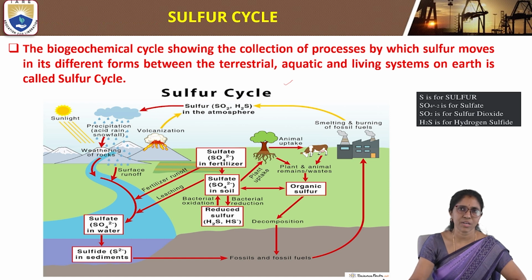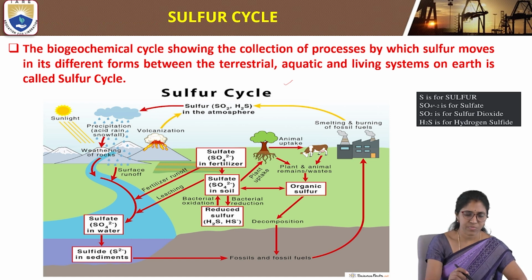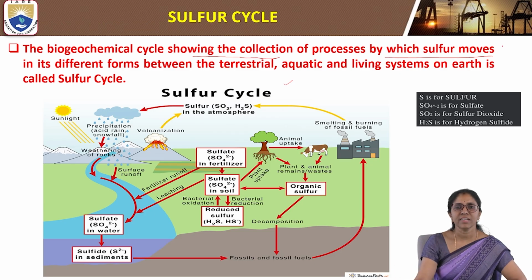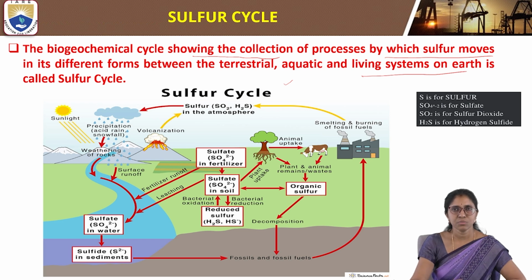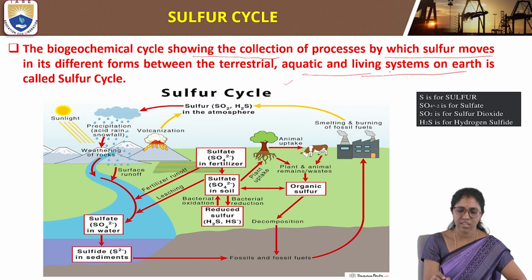The sulfur cycle is the collection of processes by which sulfur moves in its different forms between the terrestrial, aquatic and living systems on earth. This is called the sulfur cycle.